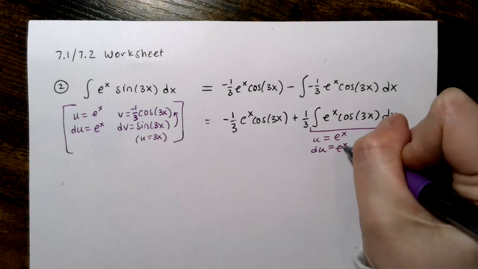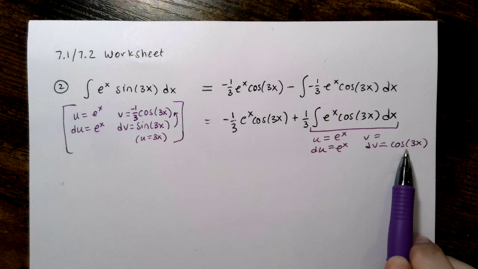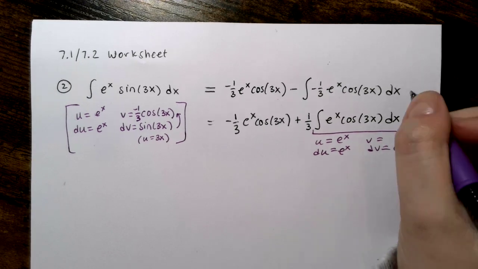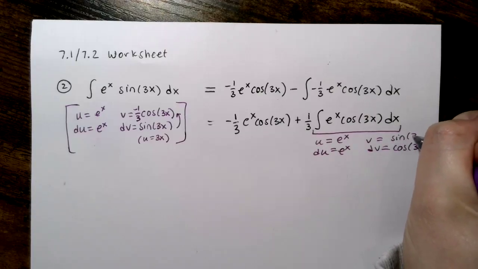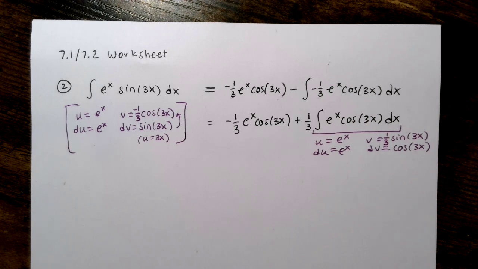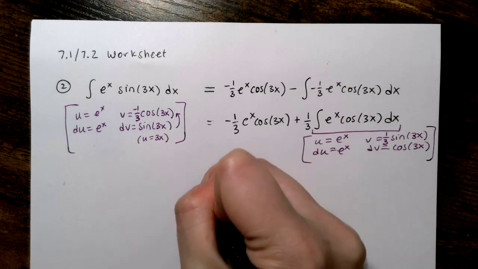Okay, so we have e to the x here. And again, I'm doing a u substitution in this integration step right here. So cosine integrates back to sine, and then I'll have a positive 1/3 on the outside from that u substitution. Section off that work, and I'll do by parts again.